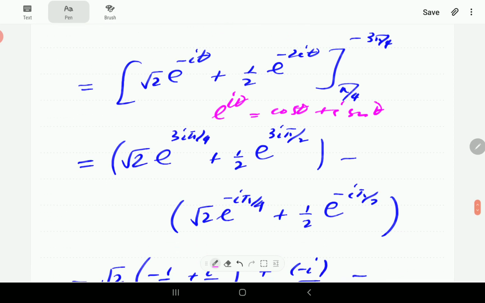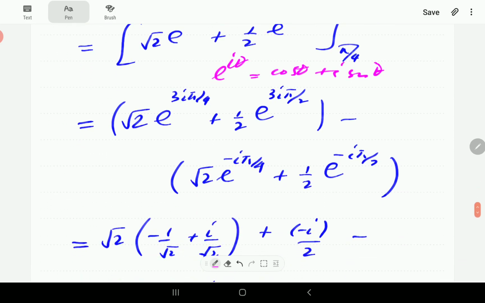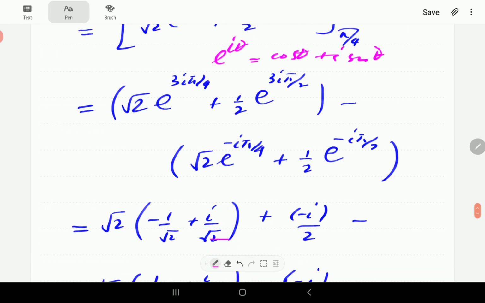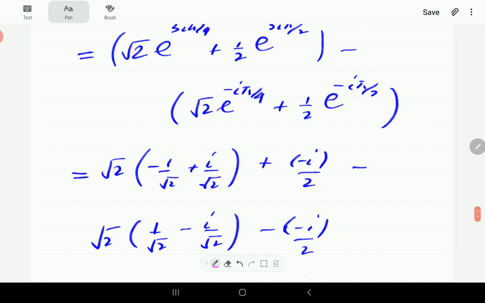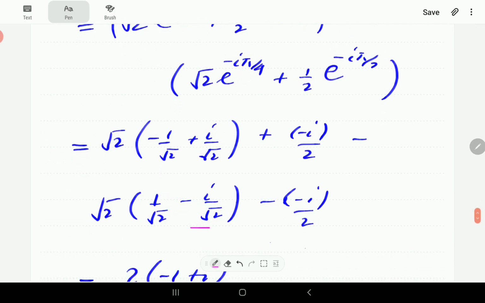So cosine of that is going to be negative, and sine of that is going to be positive. e to the 3i pi over 2 is just going to be negative i. And we do the same thing here. Negative pi on 4 is in the fourth quadrant, so cosine is positive, sine is negative. And this one, again, e to the negative i pi on 2 is negative i.